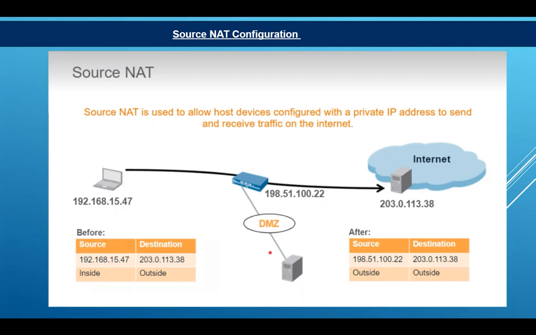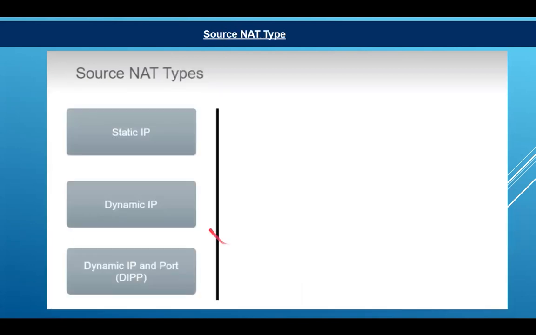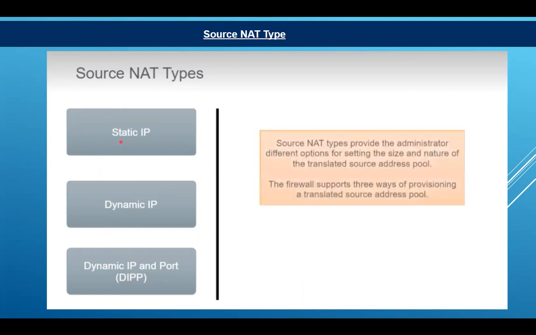So guys, how many ways can we configure this source NAT? We have three options: static IP address, dynamic IP address, and dynamic IP with port, which is known as DIPP, right? First of all, let's see the static IP address.